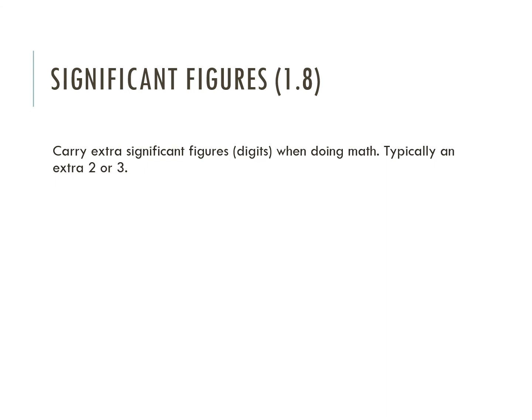Typically, when you are doing math, you should carry 2 to 3 extra digits the entirety of the time. So if you're doing everything in your calculator and you're able to store numbers, you're going to be using 10 digits. That's always going to be more than you need. That's okay. But 2 or 3 extra ones are going to be beneficial because it's going to help you prevent rounding errors.